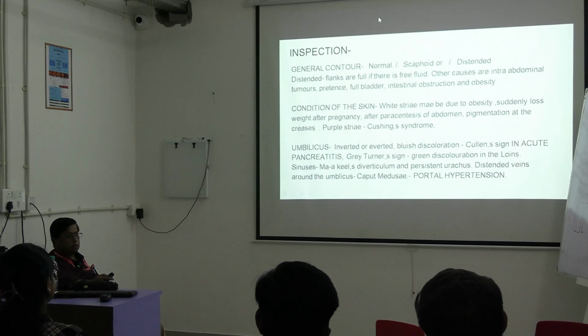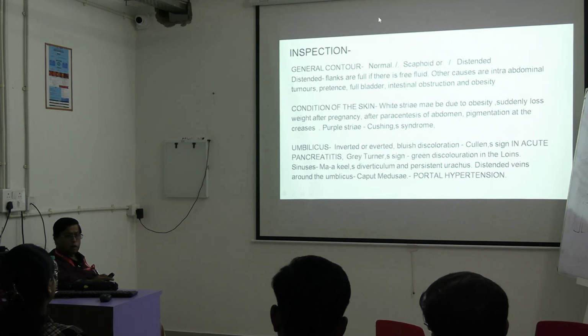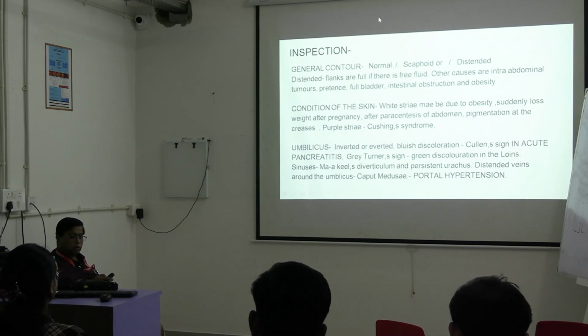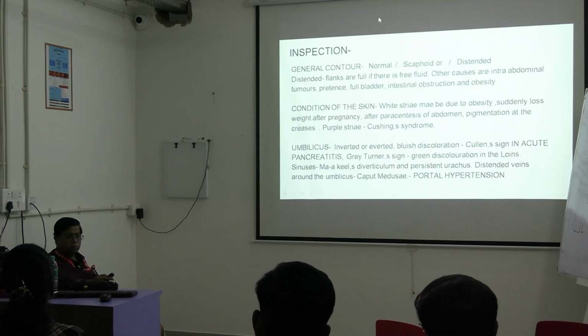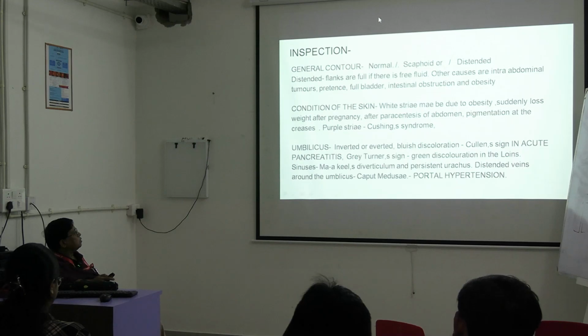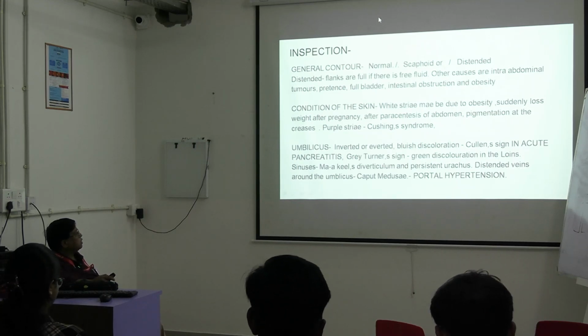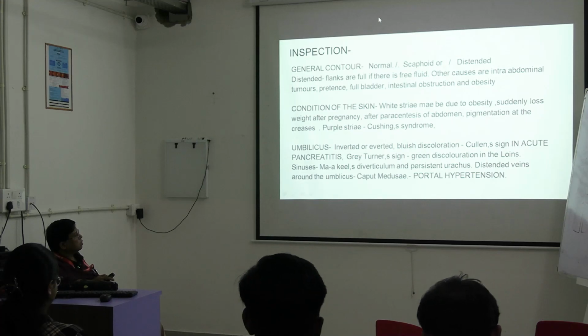If it is abnormally persistent, then it may be discharging, a persistent discharging sinus at the umbilicus. It is a structure from birth which should be closed after birth, but if it persists, it is called persistent urachus, and it may cause a discharging sinus at the umbilicus. You can see it there.